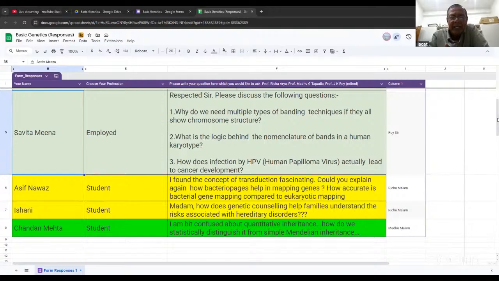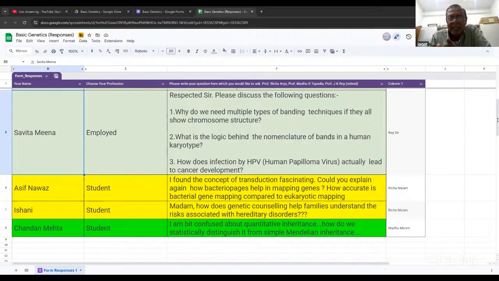The first banding that was done was G banding. G banding gives you the light region and dark region. So you have a chromosome subdivided into different regions, and these regions reflect the inner architecture of the chromosome. That is how tightly the DNA is packed in a chromosome, at some places tightly, at other places slightly loosely.